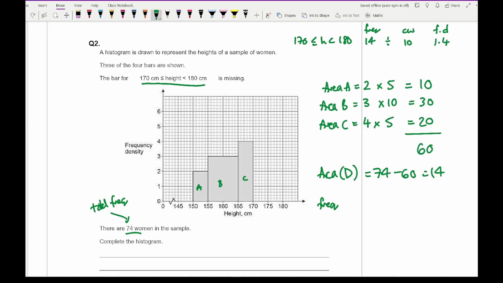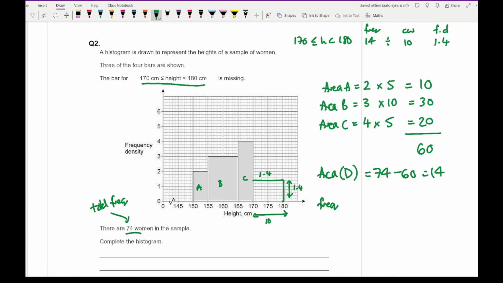So I need to find 1.4, which is 2 blocks up there, and it's going there. And then I just need to join those points up with a ruler to 170. And again, the dimensions of that should be 1.4 going up, and 10 going across.